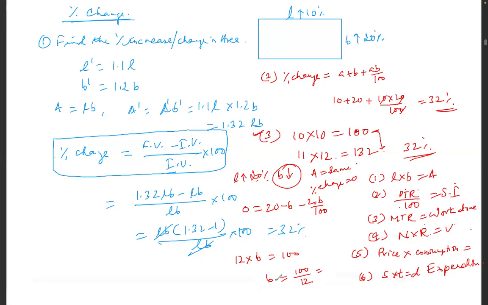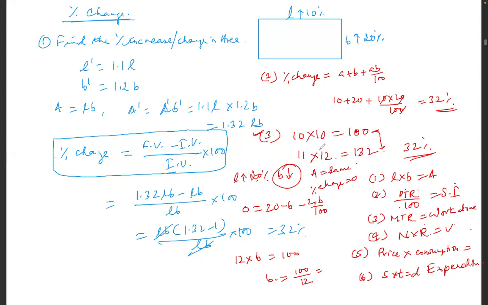That is the new value of B. Now, what you need to calculate is the change. What percent should this be decreased? So you just subtract that 8.33. So 10 minus 8.33.